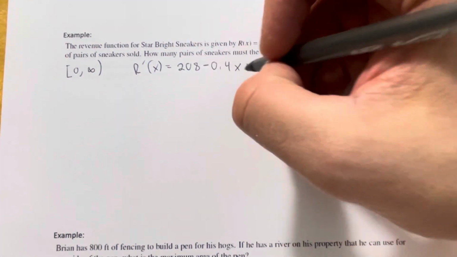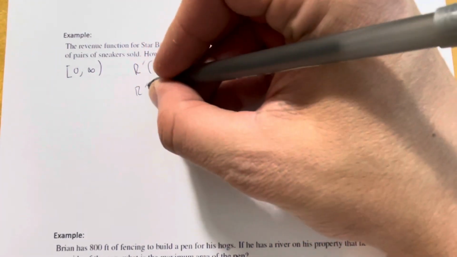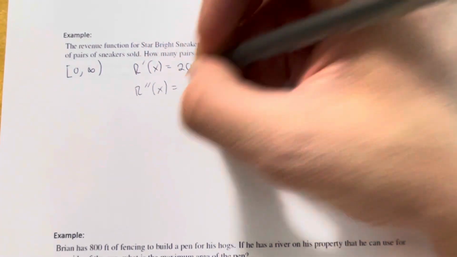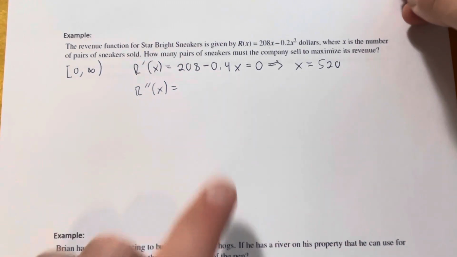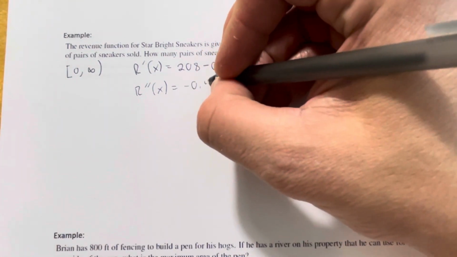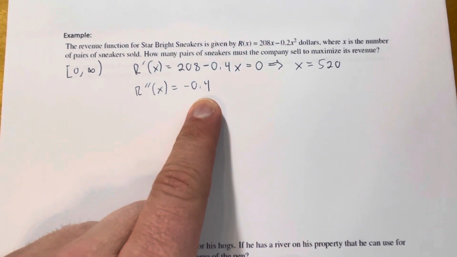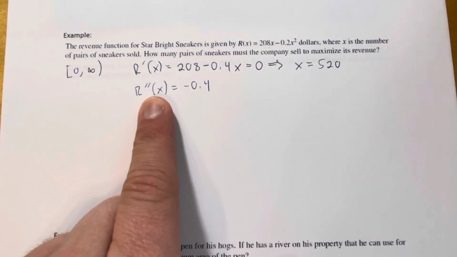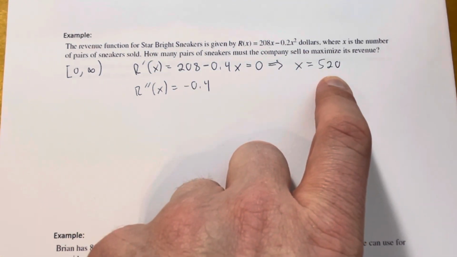To me, because this is a polynomial, I think the second derivative test is actually the easiest approach, because the second derivative is very easy to find. It's 0.4. Okay, it's a constant function. Notice this is negative for all values of x, so surely negative for 520 when I plug that in.